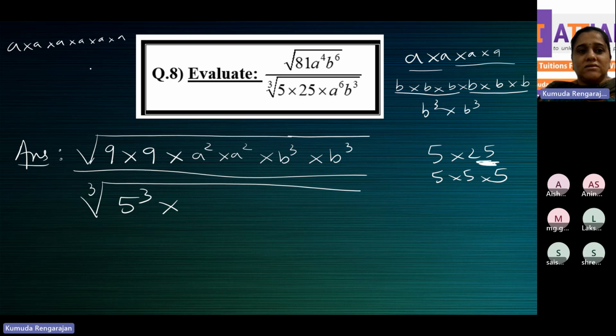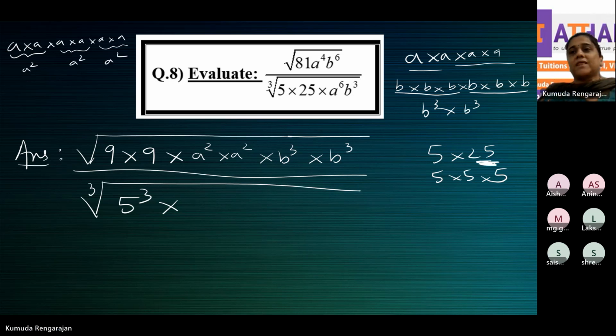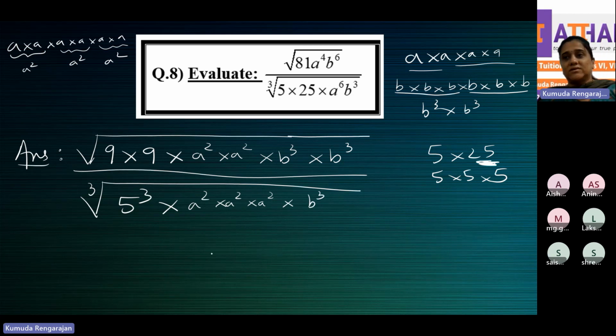Now you need to write something 3 times under the cube root. So you're going to write a square into a square into a square. And b cube, already it's there 3 times.